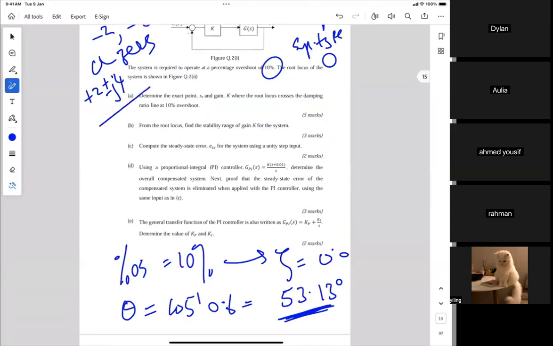From the root locus, find the stability range of gain K for the system. So how to find the stability range? Iza Shamimi.